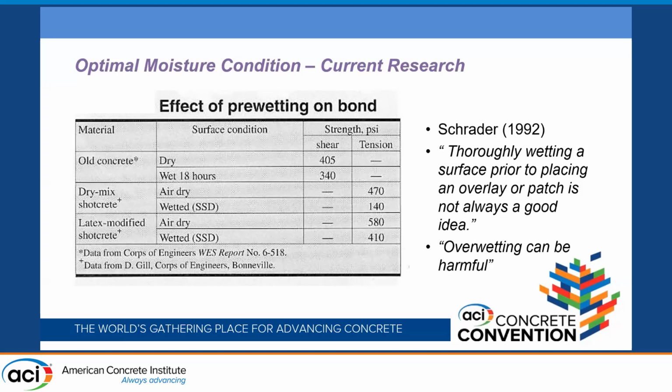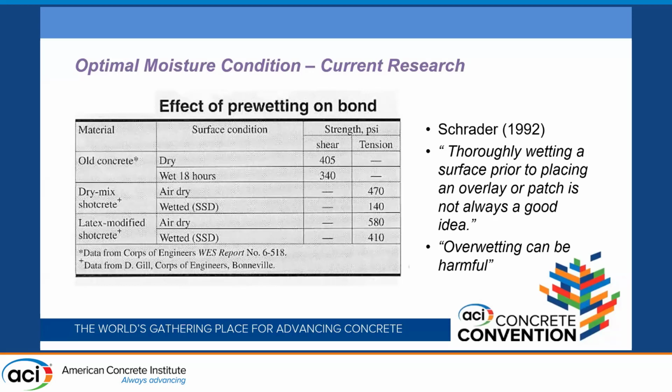It covers concrete, dry-mix shotcrete, and latex-modified shotcrete in the dry condition, the wet condition, and the wet SSD condition. The test results, in shear or tension, apparently show that the drier surface actually promotes higher bond strength. So he concluded that wetting a surface prior to placing an overlay or patch is not always the ideal case.